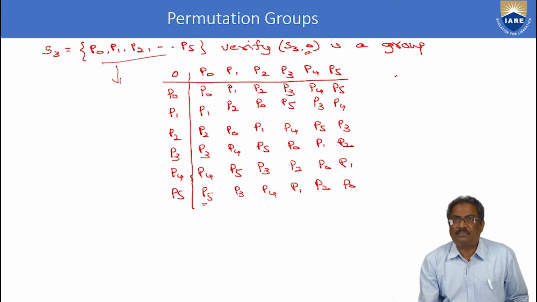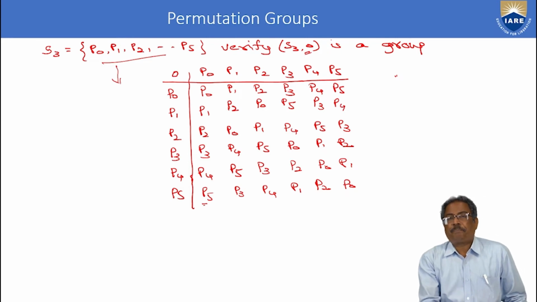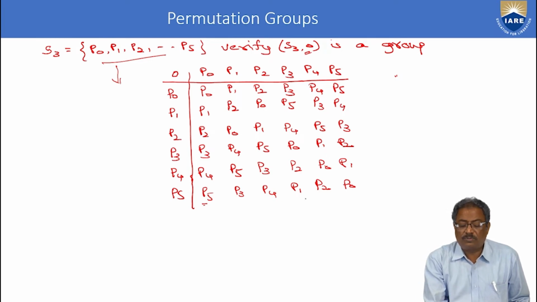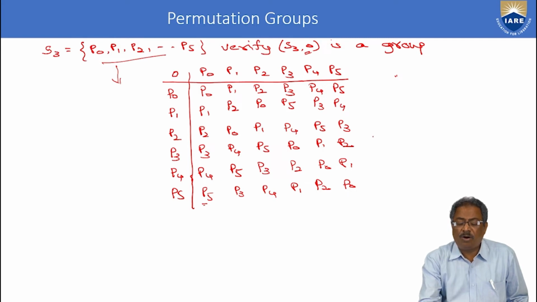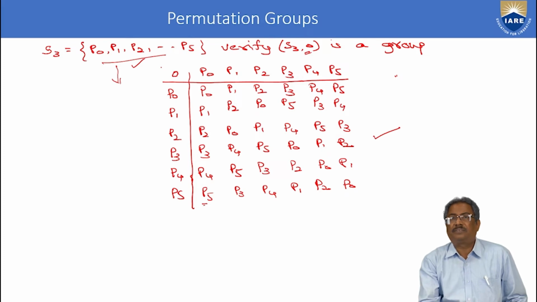Observe that for any two permutations in any order, the composition we get is a member of S3.